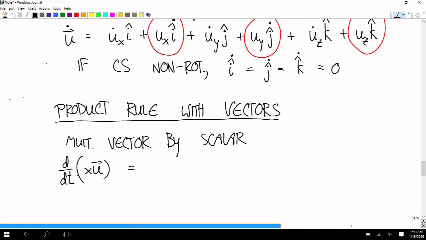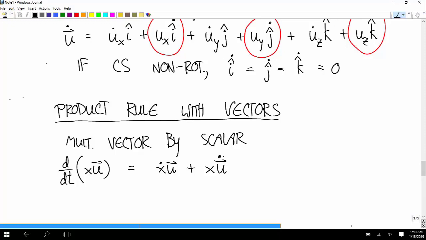But what would you guess the product rule is here? This is a safe space. Okay, so it would be x dot u plus x u dot. So it works just like the product rule for scalars.